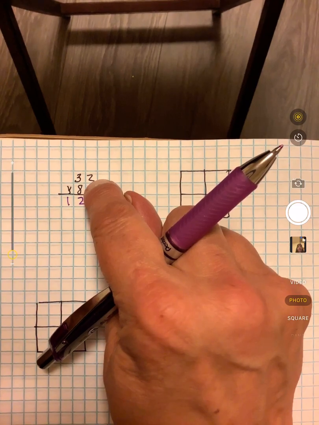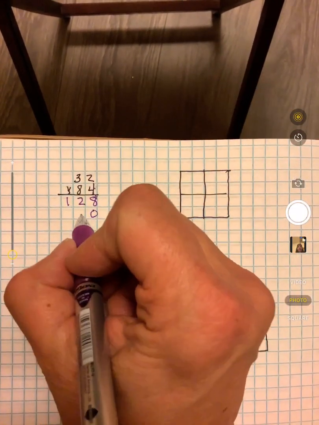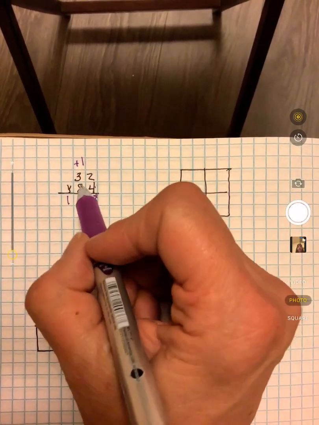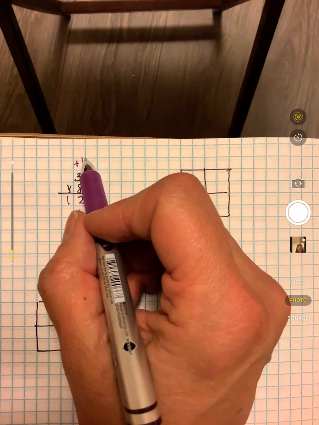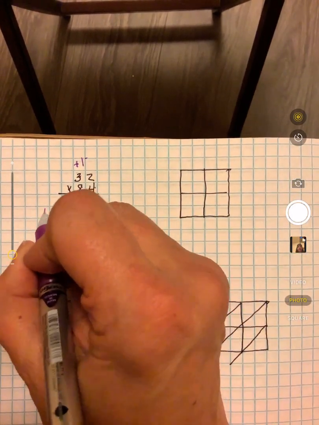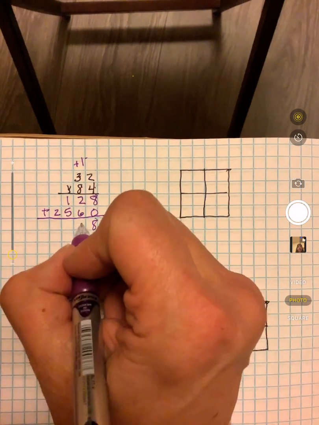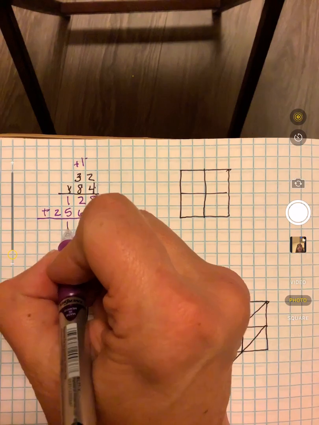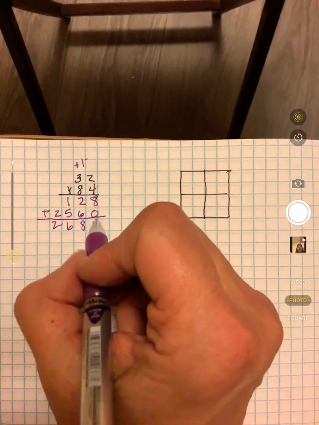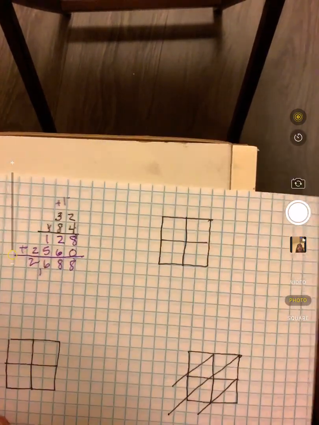Remember, you go times the 1s first. 8 times 2 is 16. Carry the 1. And then 8 times 3 is 24 plus 1 more, 25. 8, 8, 6, 2. So 32 times 84 is 2,688.